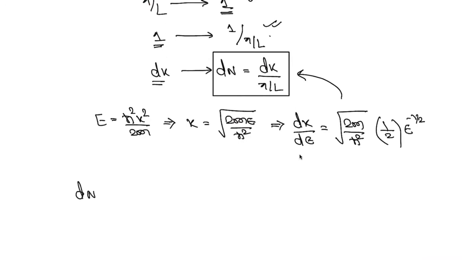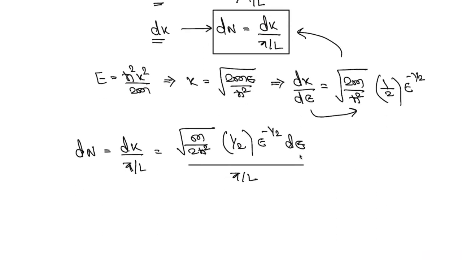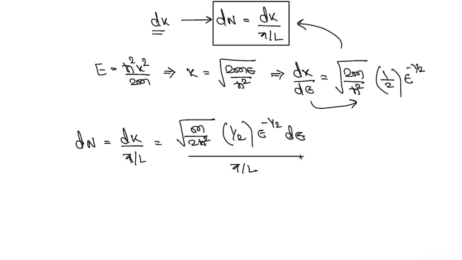So dn is equal to dk by pi by L. We get root m upon 2 h cross, half, E to the power minus half, right? And dk will be, this dE goes here, so into dE, upon pi by L, right?